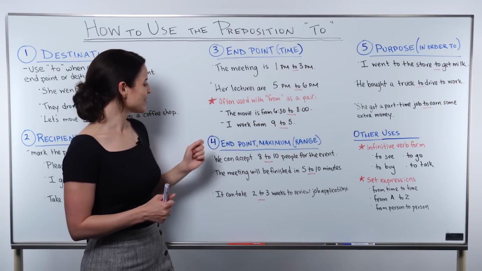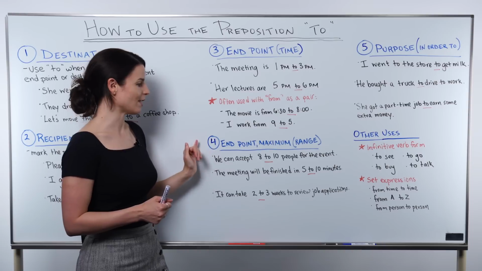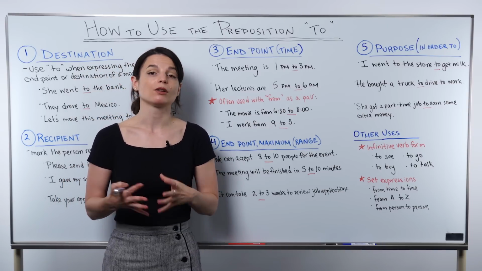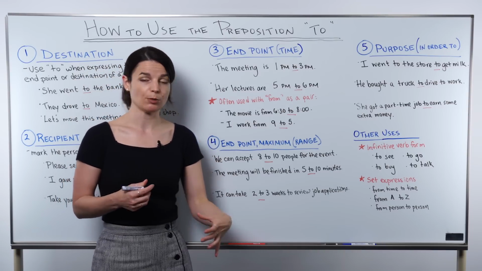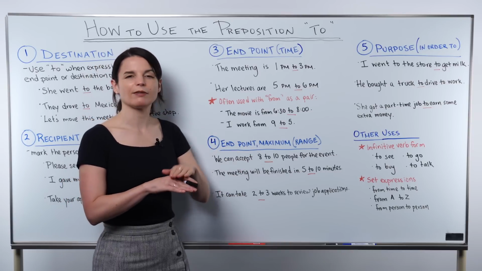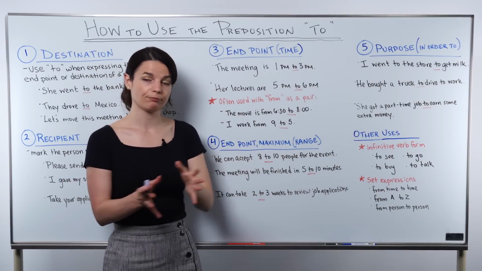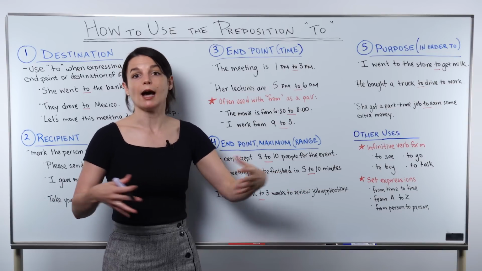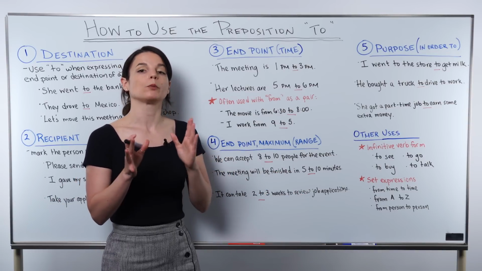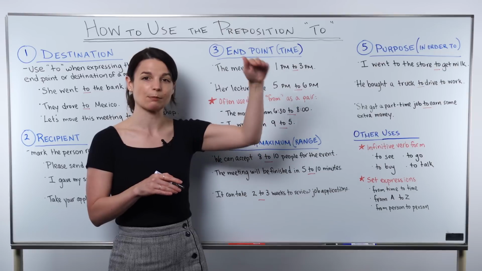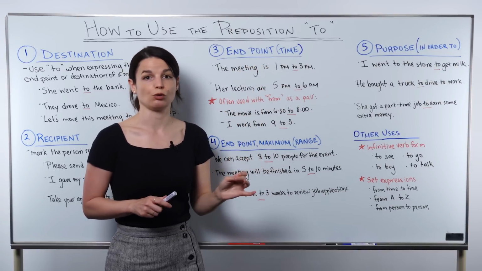Okay, great. Let's move on to number 4 then. Number 4 also talks about an end point. We also use "to" to refer to an end point, but this is in terms of like a maximum of something. When we talk about a range of numbers or a range of time periods, for example, when we want to talk about the last possible of something or the maximum of something, we use "to" to do that.